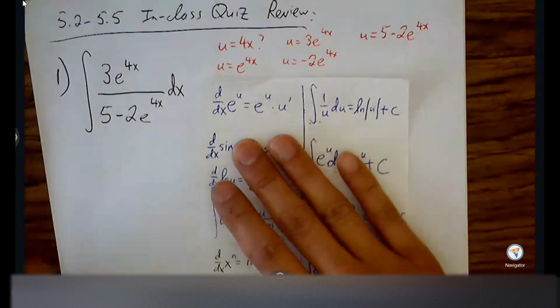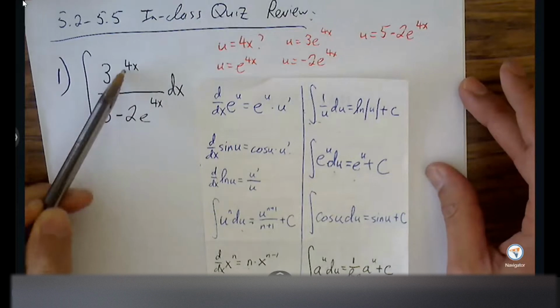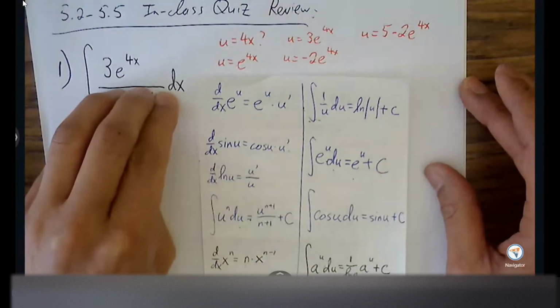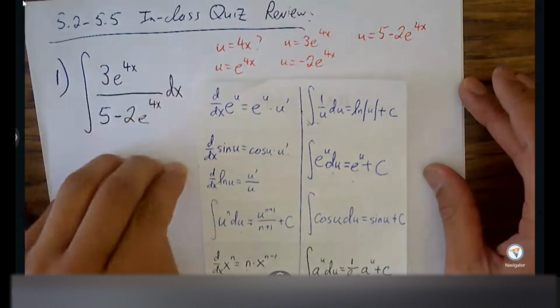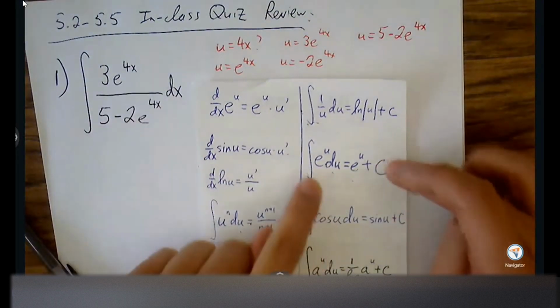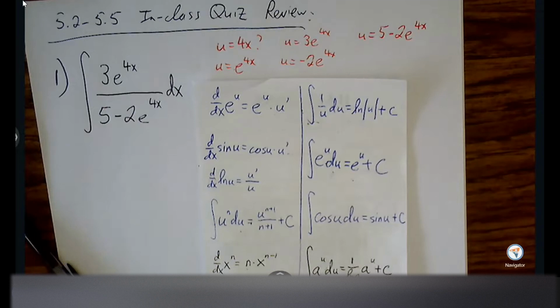So the 4x and e to the 4x are a little bit too small. It would be perfect if it was just 3e to the 4x, but there's too much going on. Then you're left with e to the u over 5 minus 2e to the u, and it's not going to match one of these rules. If you went down the wrong path, I'm hoping that you'll be able to catch yourself, because you look at the rules and realize there's something wrong.